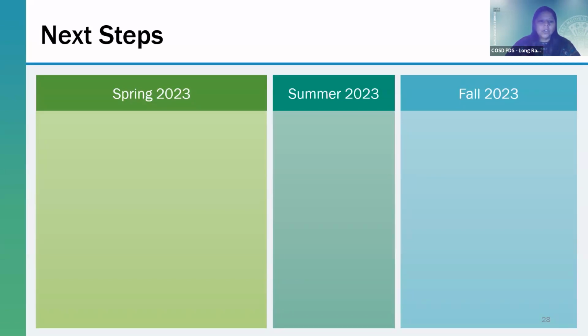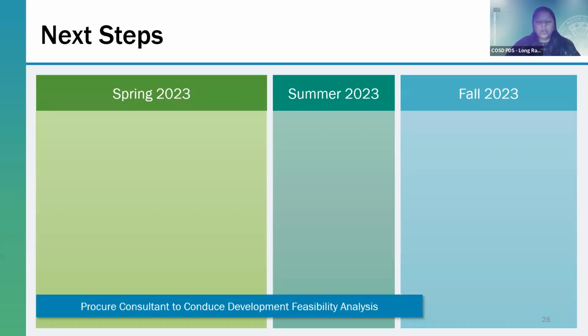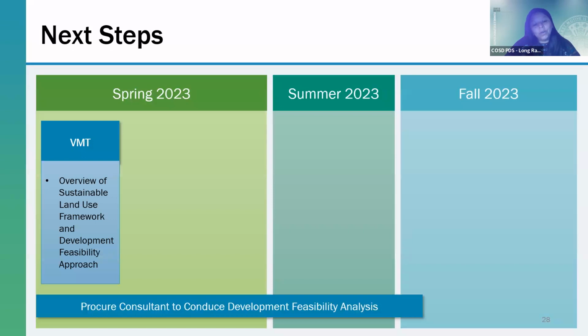All right. So as next steps, the staff will procure a consultant to conduct the development feasibility analysis within all 4 areas. Staff anticipates returning to the board first on March 1st to provide an overview of the sustainable land use framework, including the preliminary set of sustainability principles and an overview of the development feasibility approach.